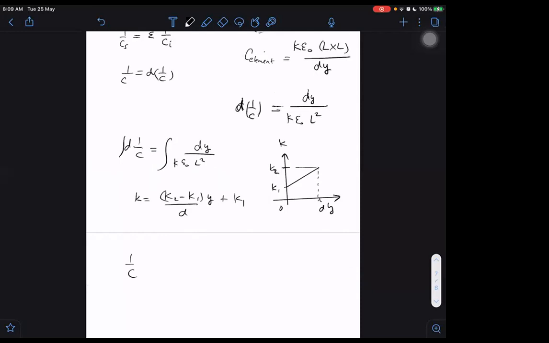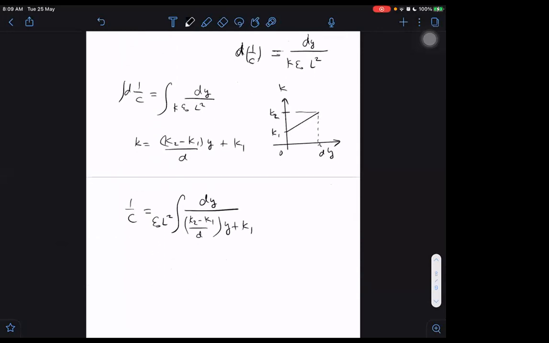Then we are getting 1 by C equals dy divided by epsilon naught and L square, which are just constants, taken out of the integral sign. In the integral, I will be left with K2 minus K1 by d whole into y plus K1.